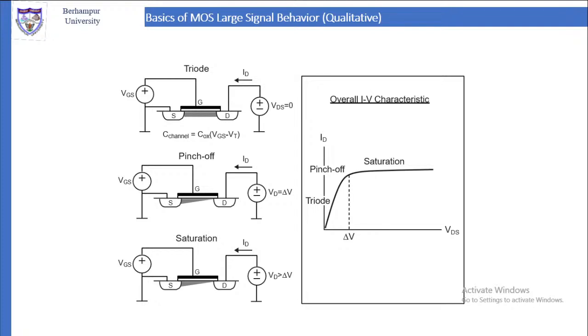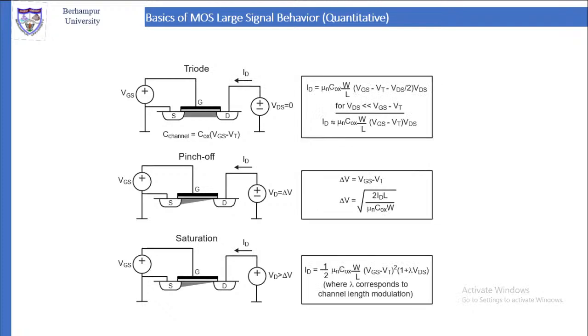All three regions are shown here. The triode region is from 0 up to slightly less than delta V, that core portion. Up to that it is the triode, acting like an amplifier. Then there is pinch-off. Then there is saturation, where even if you increase VDS, the voltage between drain and source, there is no appreciable increase in ID. ID remains almost constant, so it is called saturation.